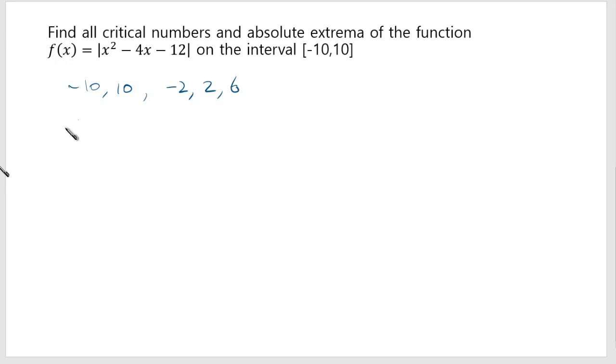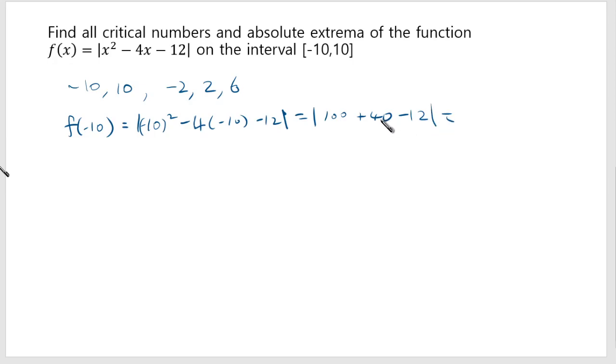So let's do it. f of -10 is the absolute value of -10 squared minus 4 times -10 minus 12. That gives you -10 squared is 100 plus 40, because negative times negative is positive, and then minus 12, and that gives you 40 minus 12 is 28, and you have 100, so 128 as the result.